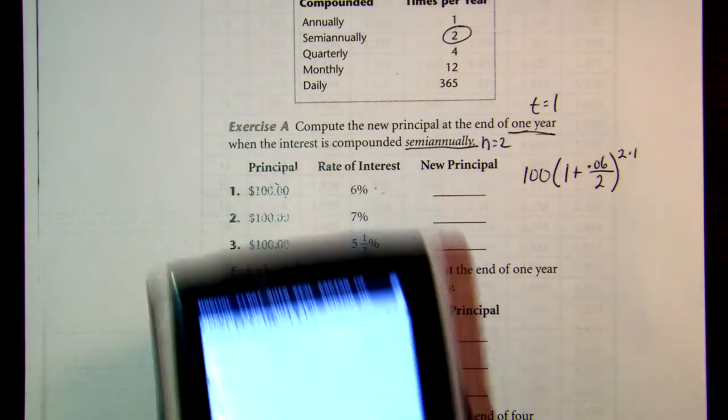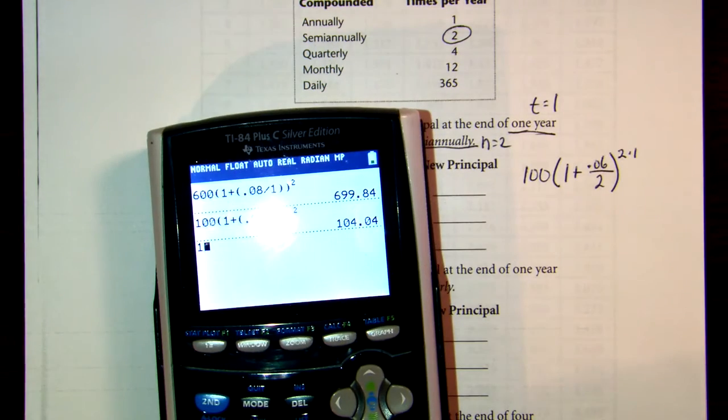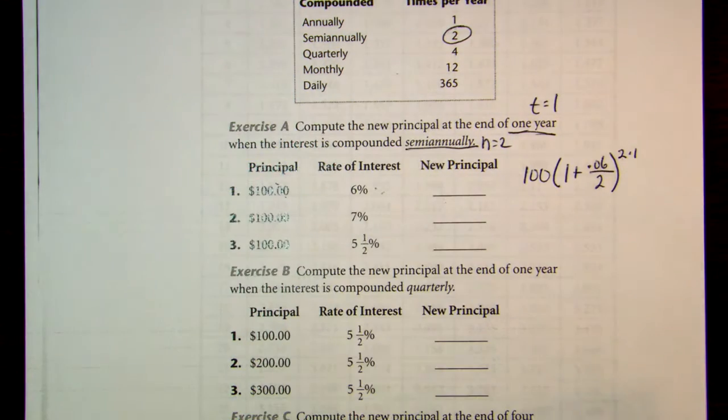So when I plug it in the calculator, 100 parenthesis 1 plus 0.06. Oops, remember, we've got to put this in a parenthesis itself. 0.06 divided by 2. Close it again, and it's squared. Enter. $106.09.